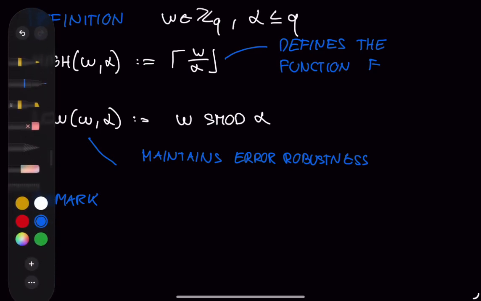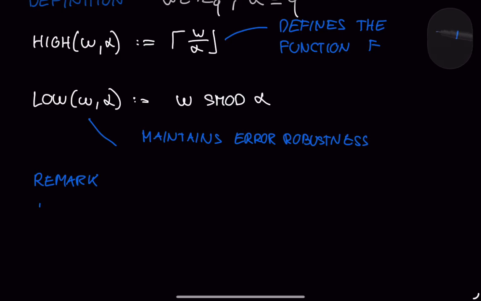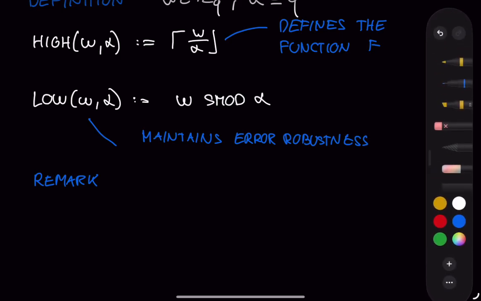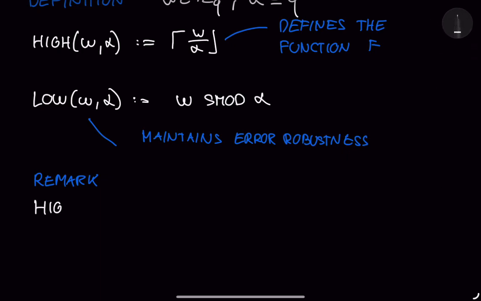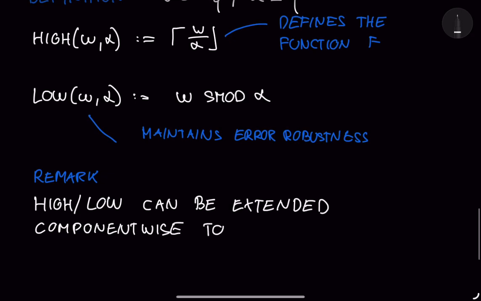And by considering Low and High, which are now defined over Z_q, we can also extend this to R_q and the vector space over R_q. So High and Low functions can be extended component-wise to the ring R_q or R_q to the power of k, the vector space.